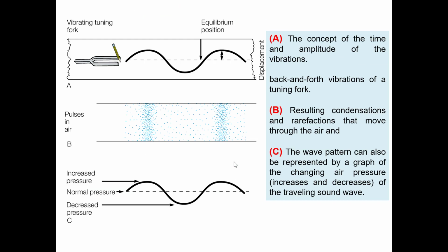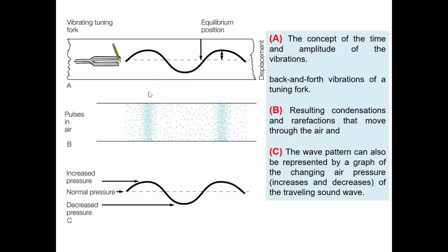Now, if we compare the graph of amplitude versus time with what we can see happen with the molecules of the air, then what we can say is the regions that have higher pressure, the condensation zones, correspond to the maximum amplitude in an amplitude versus time graph.